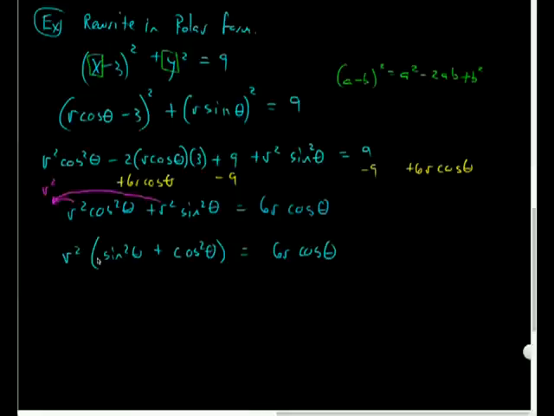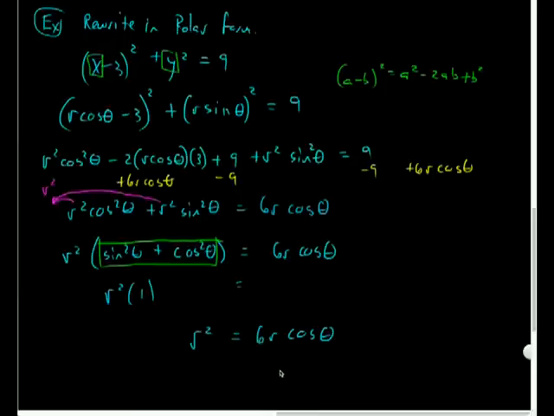And this is equal to 1 using a trig identity, if I'm not mistaken. So I'll get r squared times 1 equals that, or just r squared equals 6r cos theta.